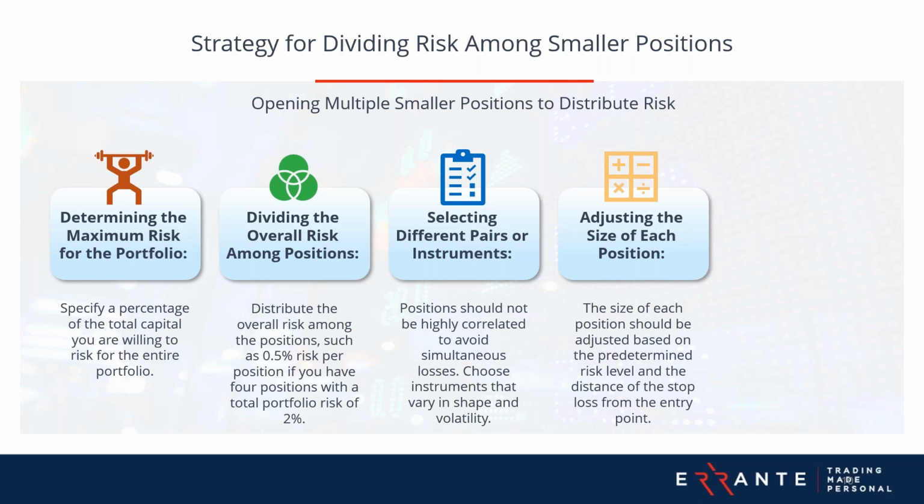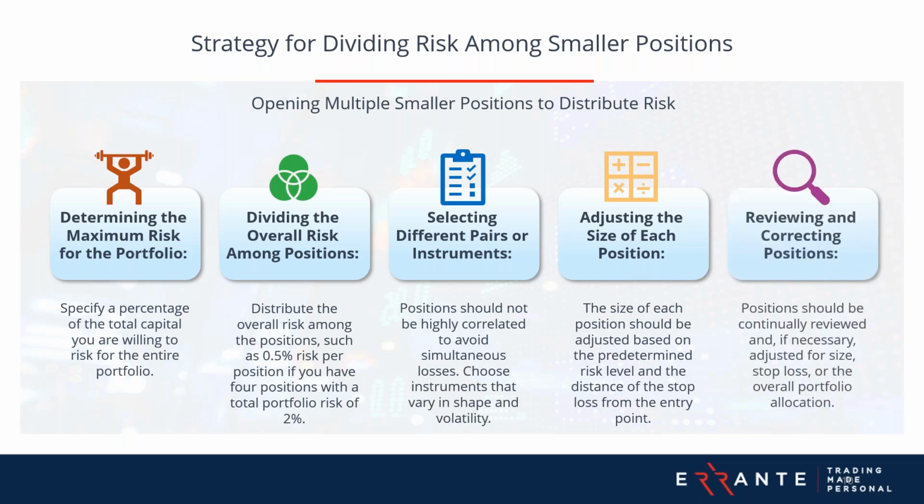For example, if we have already risked 1% on existing trades, we have 1% left to risk on new positions. And this not only protects our capital, but also maintains our ability to seize new trading opportunities without overextending ourselves.